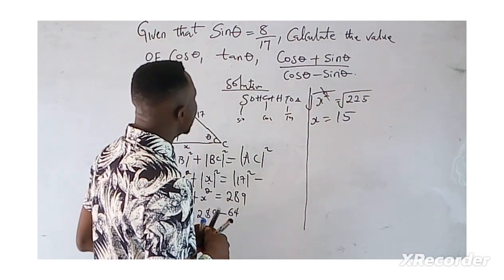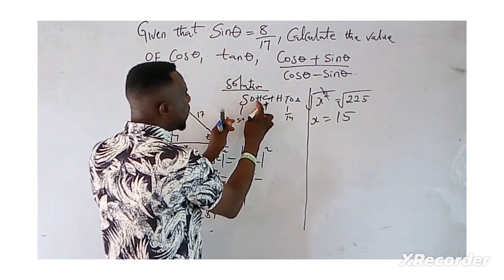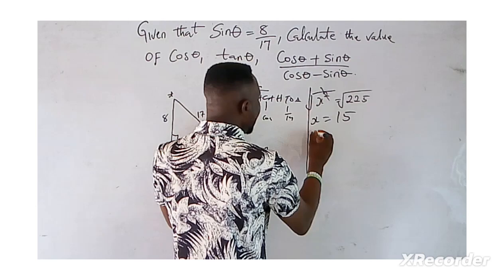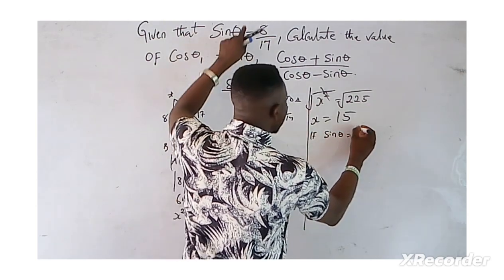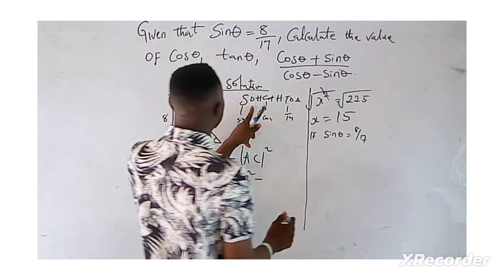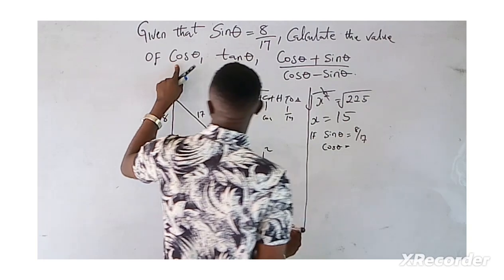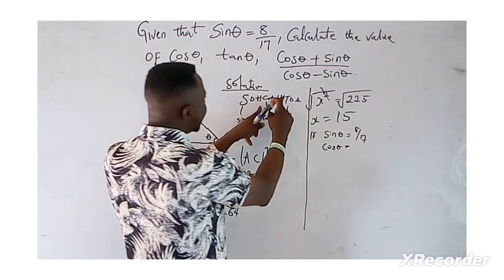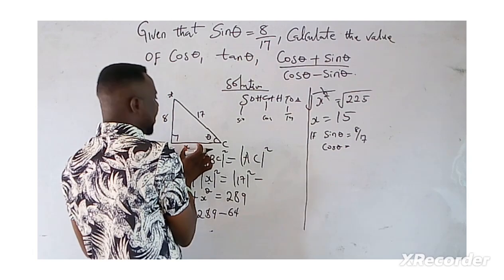Now, if sin theta is equal to 8 over 17, that is opposite over hypotenuse, then cos theta will be equal to adjacent over hypotenuse, and our adjacent is x.